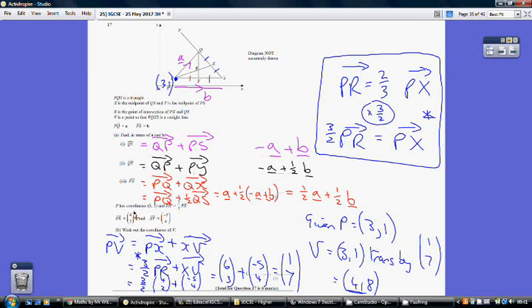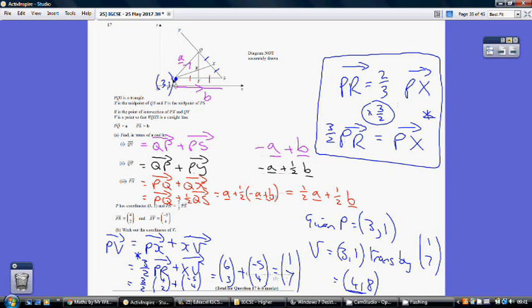Now PR is (4, 2), so 1.5 lots of that is vector (6, 3), and XV is (-5, 4). So PX plus XV is this vector plus this vector. 6 minus 5 is 1, 3 plus 4 is 7. So the vector to get me from P to V is 1 along and 7 up.